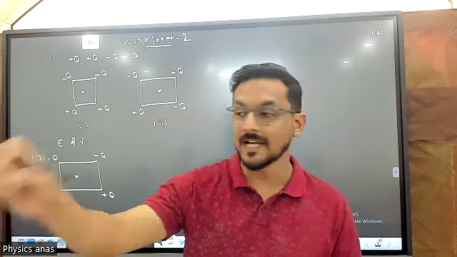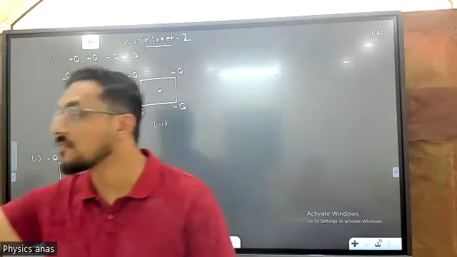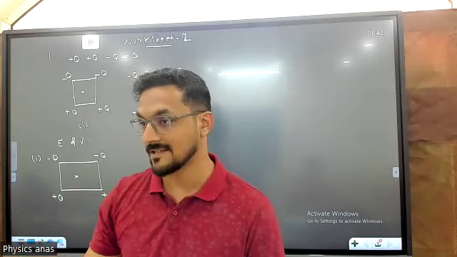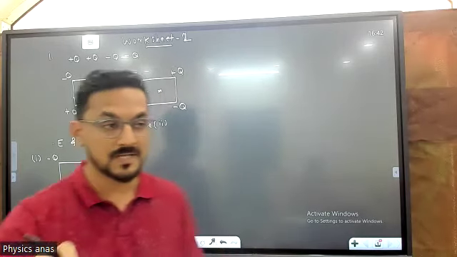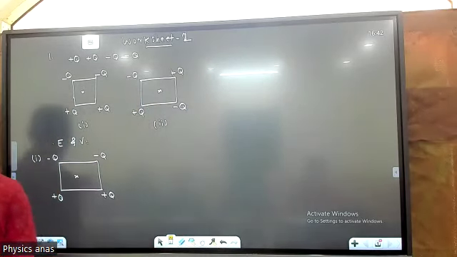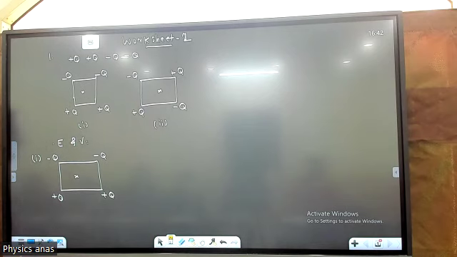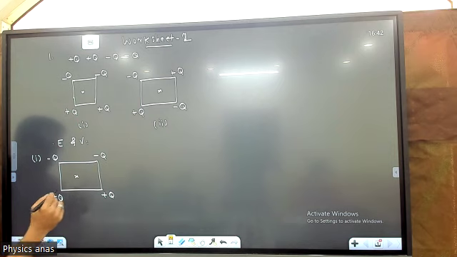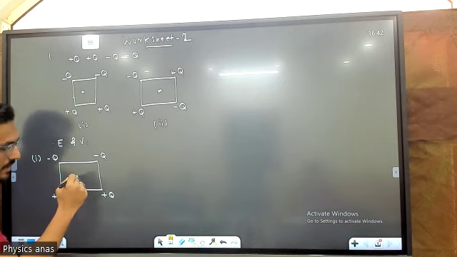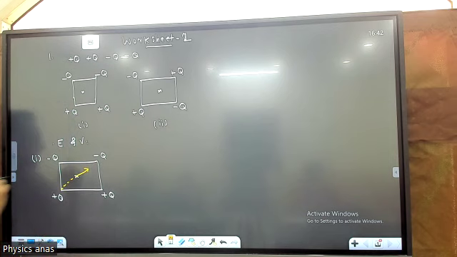Electric field can be away from the charge or towards the charge. For a positive charge, the electric field will be away from the charge, right? Here you have a positive charge, so the electric field due to this positive charge will be like this, away from the charge.